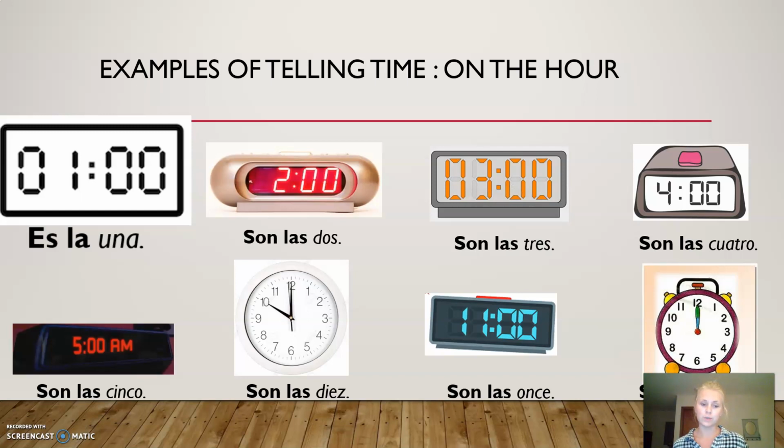Es la una. And la is also singular. But then any other hour, there's multiple hours, so you have the plural form of the verb, son, and you say son las. Then you just put in the time. Son las dos, son las tres, son las cuatro, son las 11, right? You just throw in the hour. But es la una is singular, so you're only going to use es la.